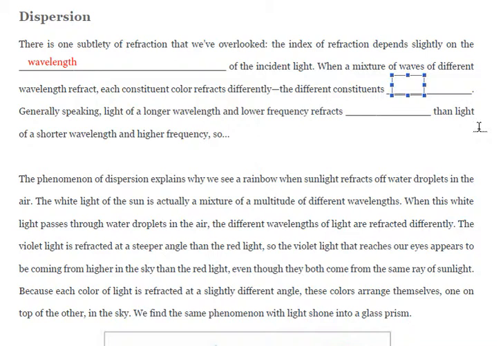And we'd say that they disperse, they spread out. In general, light that's a longer wavelength and a lower frequency is going to refract less than light of a shorter wavelength and higher frequency. So the refraction of violet light should be greater than the refraction of, say, red light.